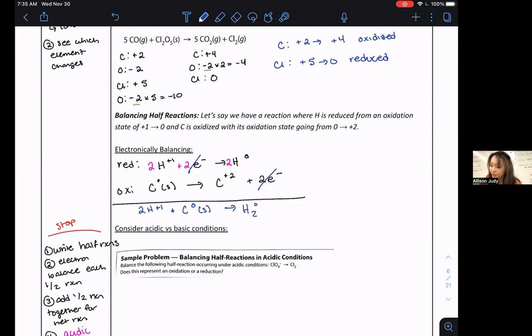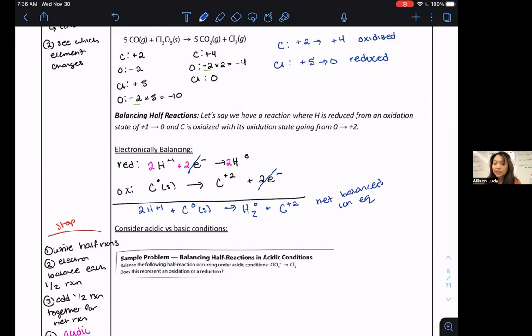It's elemental form. And some carbon with a +2 oxidation state in some bond. And that would be my net balanced ionic equation, right? I'm only addressing the elements that are undergoing an oxidation state change. And I am making sure that the electron exchange is truly balanced between the reduction and oxidation half reactions.